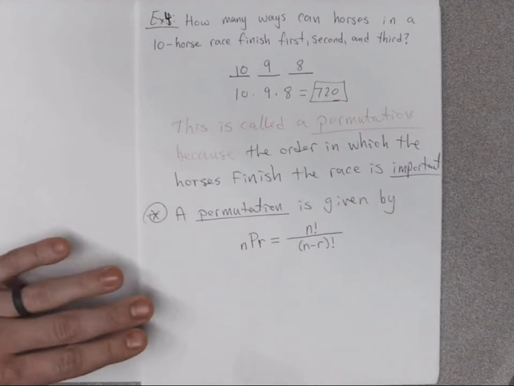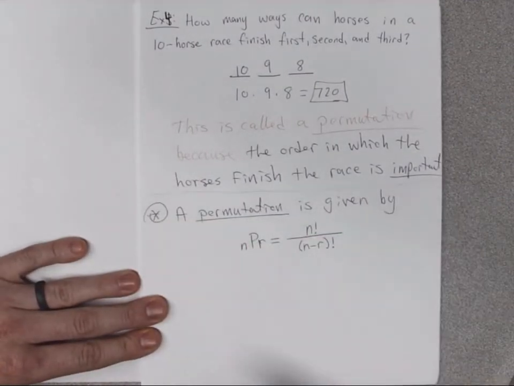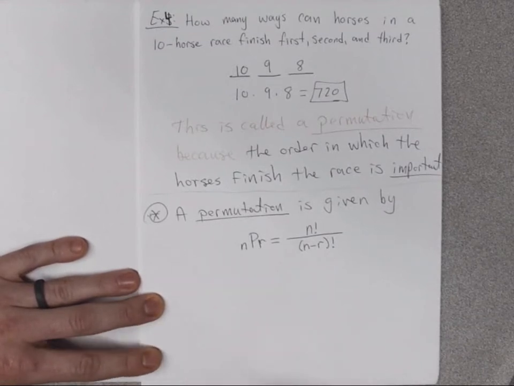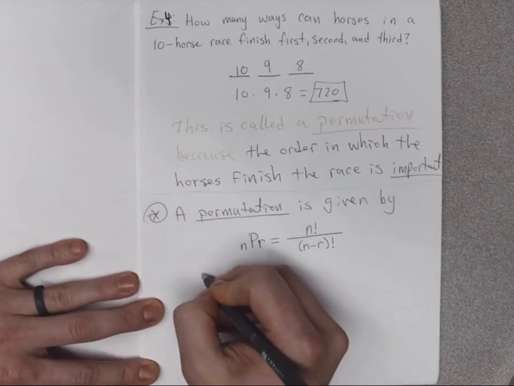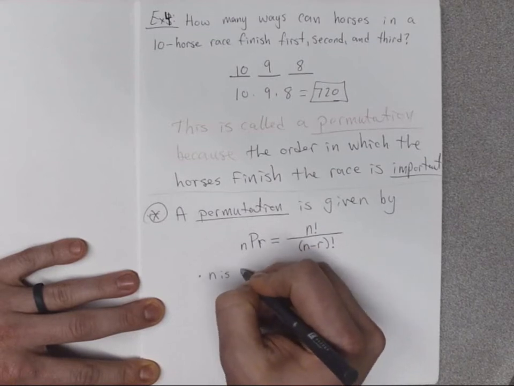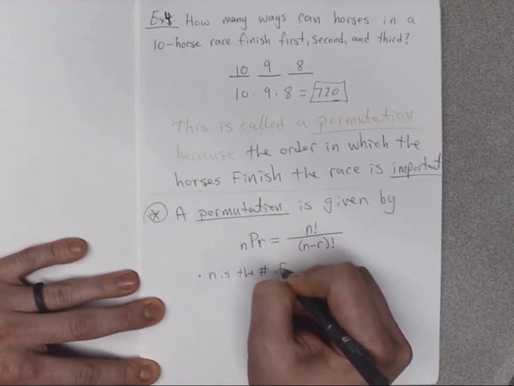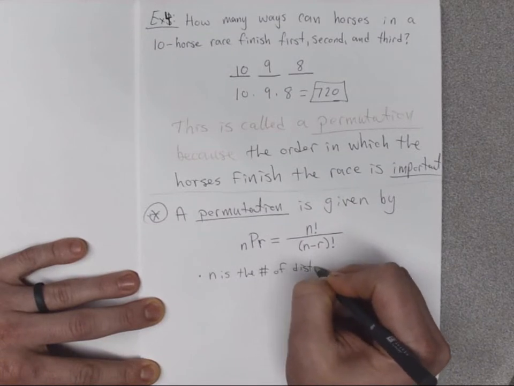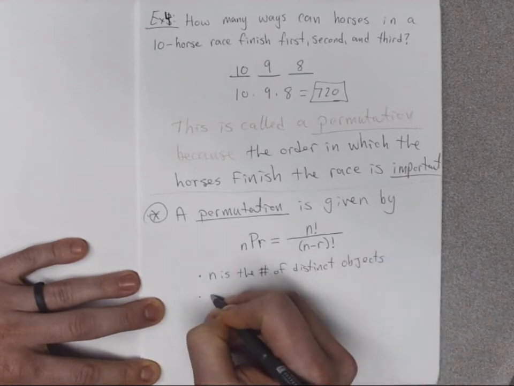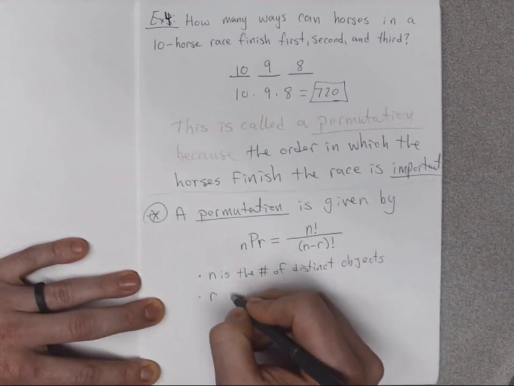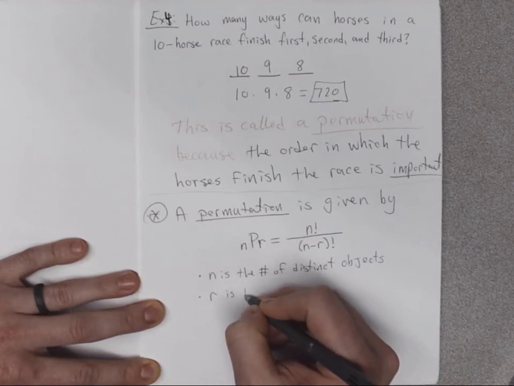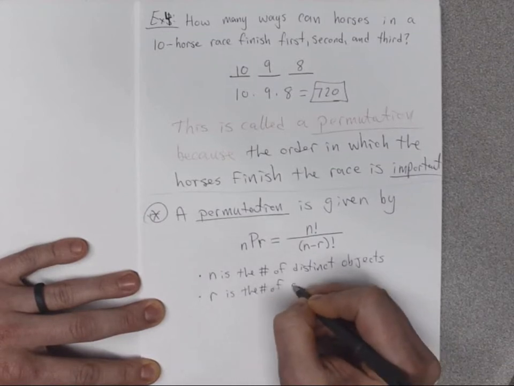There are some key things to note here. We need to know what n and r are in this case. n is the number of distinct objects. r is the number of objects chosen.